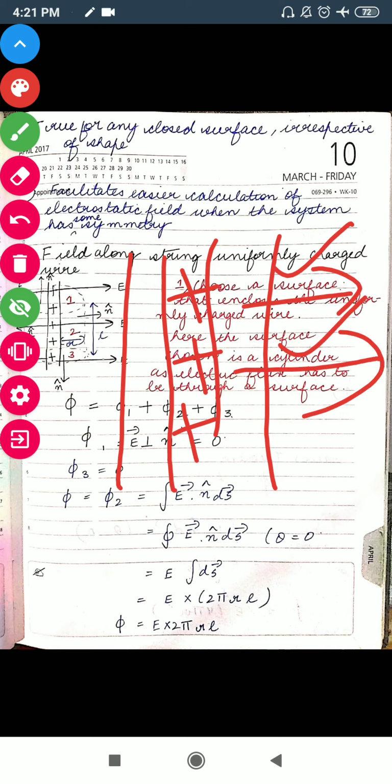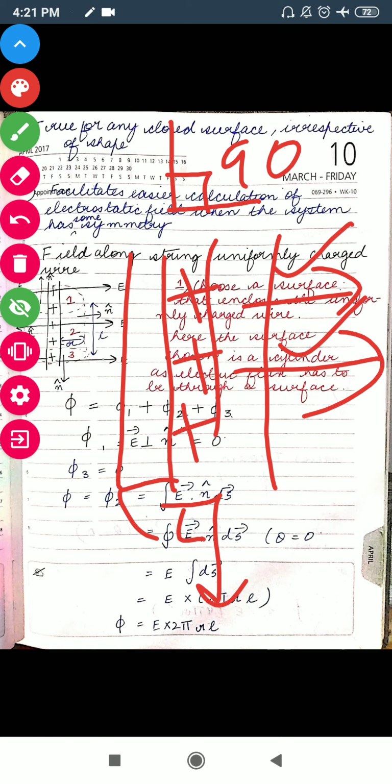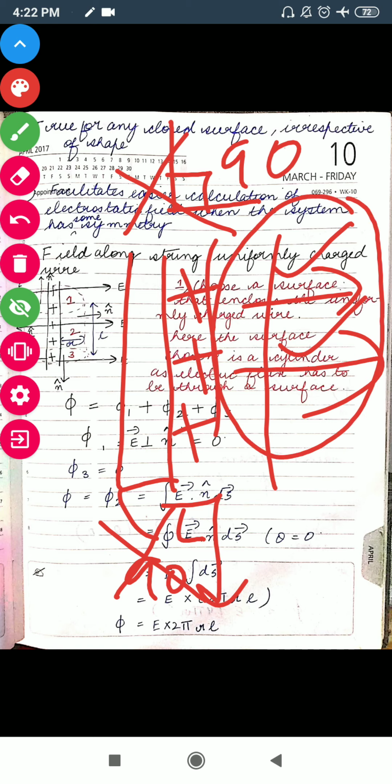On the first surface the angle is 90 degrees, on the third surface the angle is 90 degrees, so there is no flux through the first and the third surface. The only electric flux you are going to get is from surface number 2.